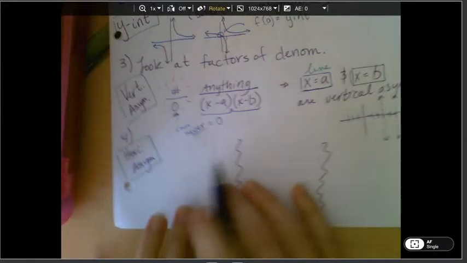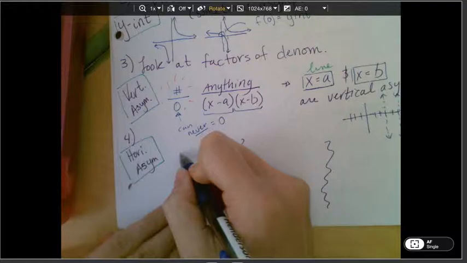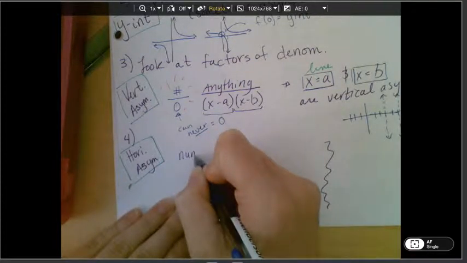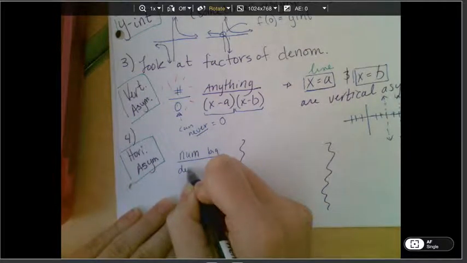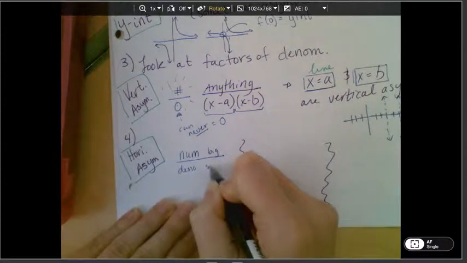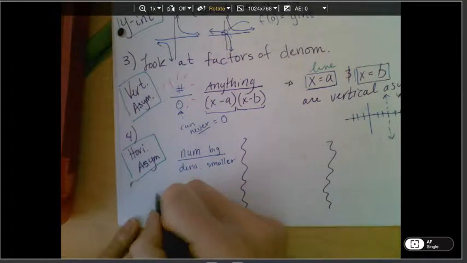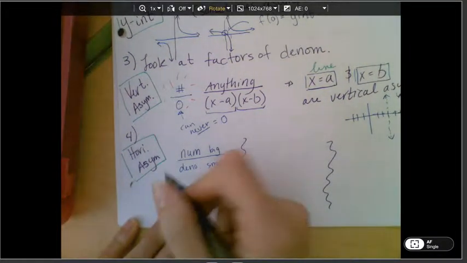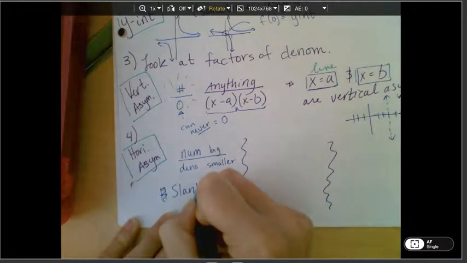Horizontal asymptotes. Okay, that's the thing we just looked at, where the numerator is bigger and the denominator is smaller. Okay, this one you're going to have a slant, right?